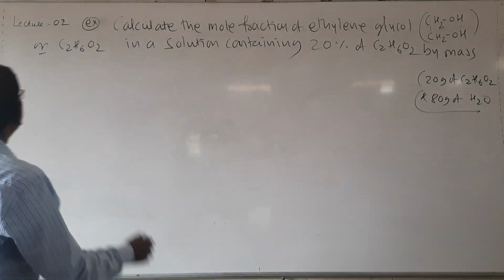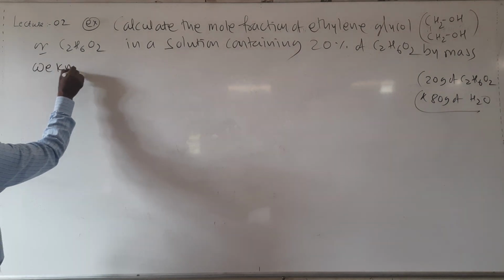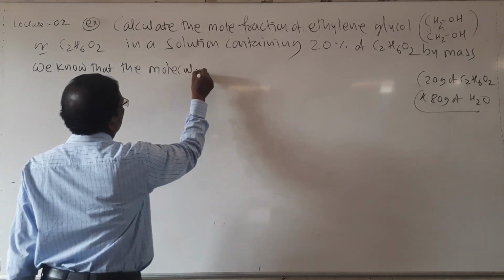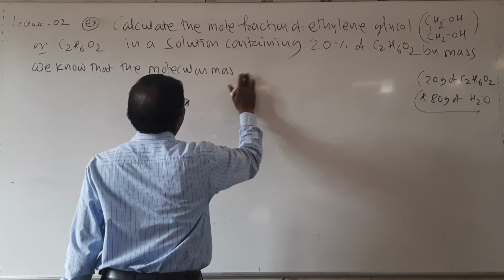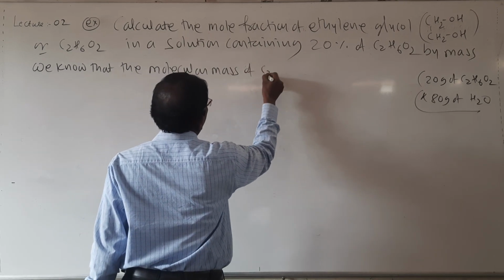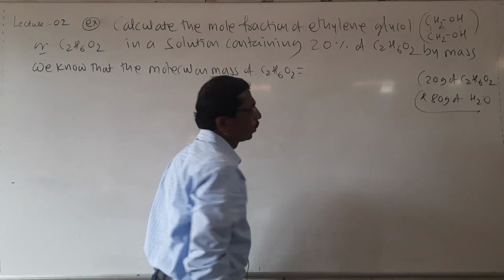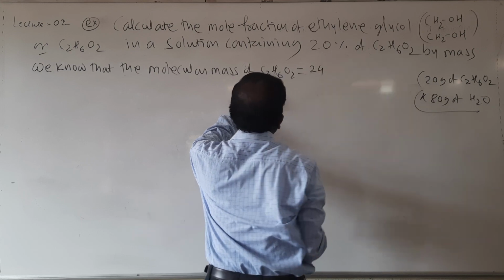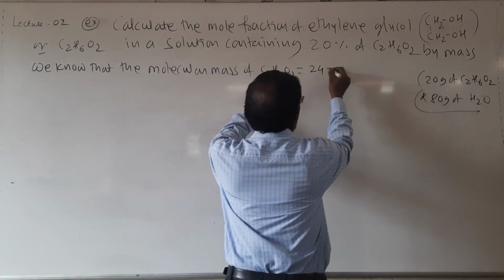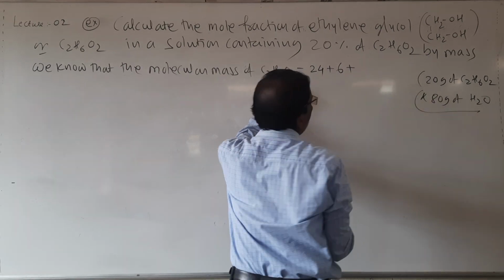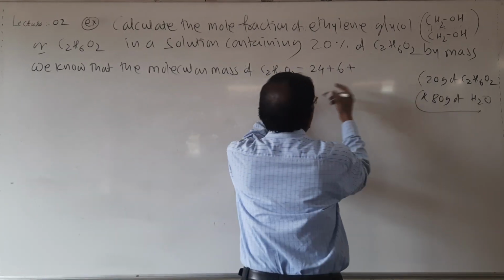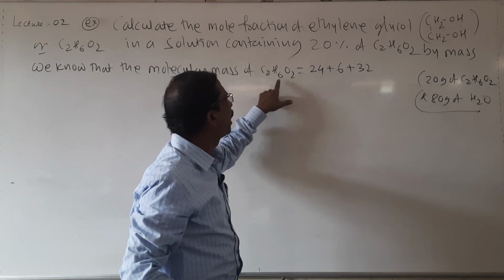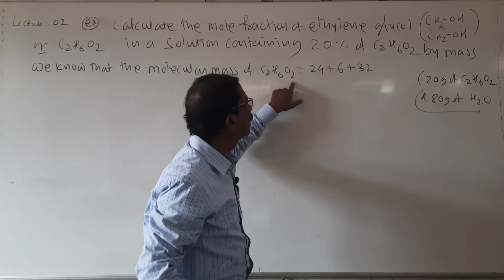First, we know that the molecular mass, or molar mass, of C2H6O2 is equal to, look here students, carbon is 2, that is 12 into 2 is 24, plus hydrogen 6, 1 into 6, plus oxygen 16 into 2 is 32.